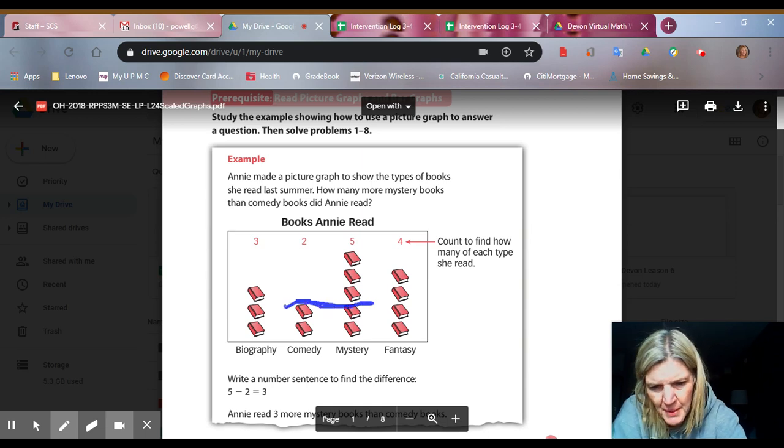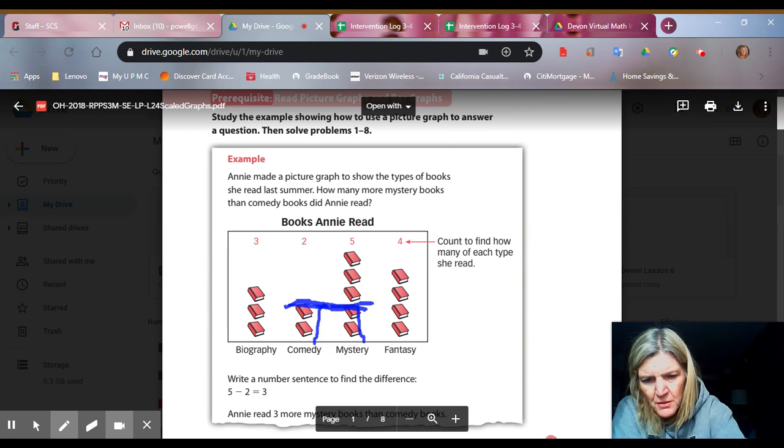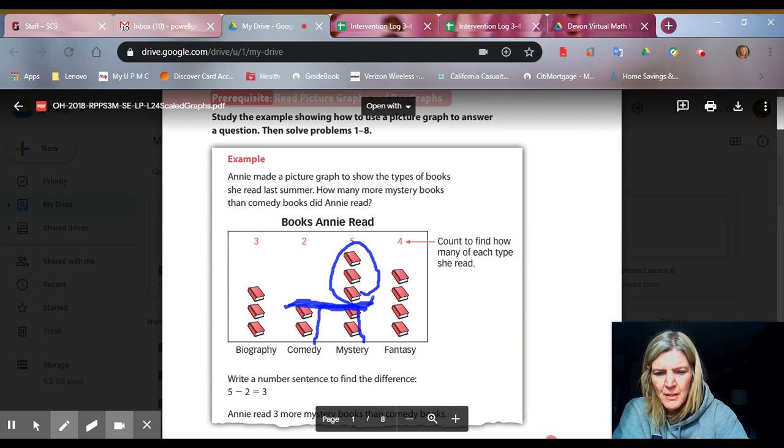So for comedy and mystery, from here to here is the same. How many more mystery than comedy is going to be anything above this line that shows you they're the same. So it's going to be this 3 right here. So 3 more mystery than comedy. It's a couple of different ways to look at it.